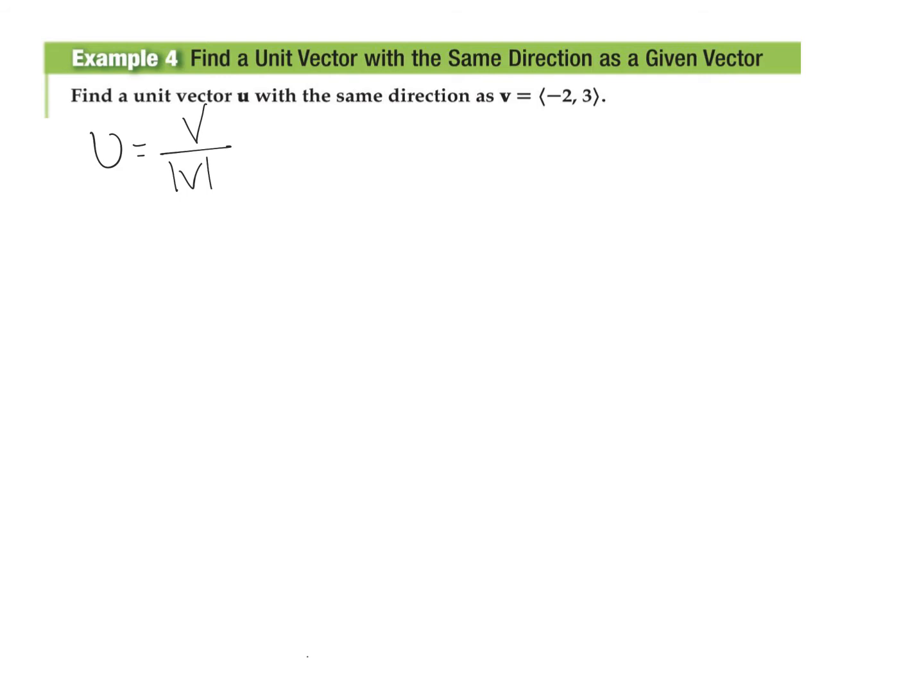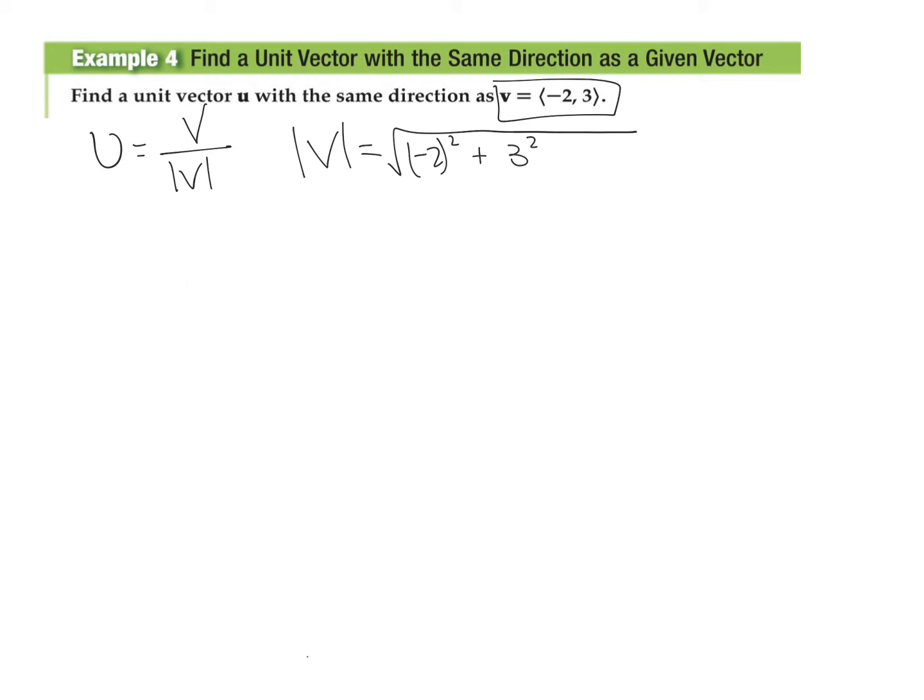So what we're going to do is look at that for our v, and then we need to find the magnitude of v by using that distance formula. Because we are not looking at two different points, we're just finding the magnitude of the singular one, it's just going to be the square root of -2 squared plus 3 squared.